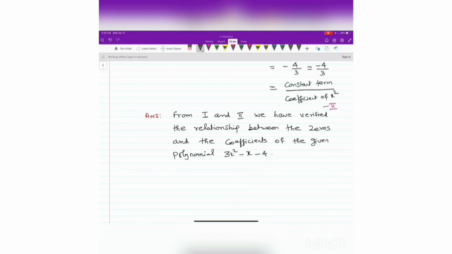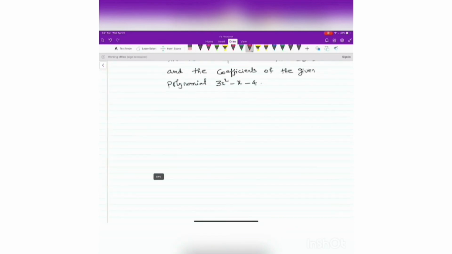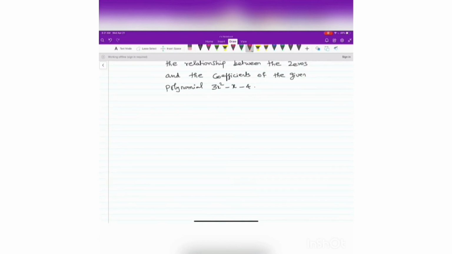Now, the very important step, you have to write your answer for both the parts together at the end.